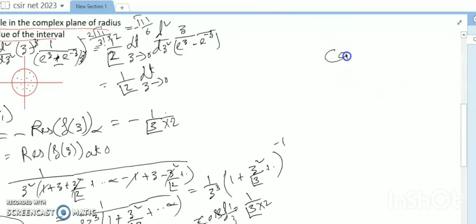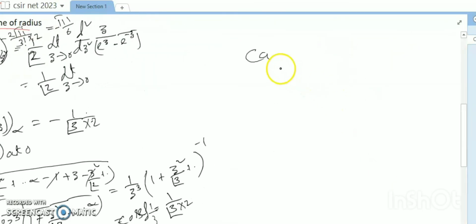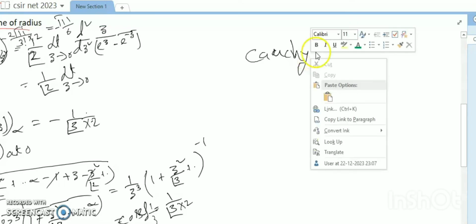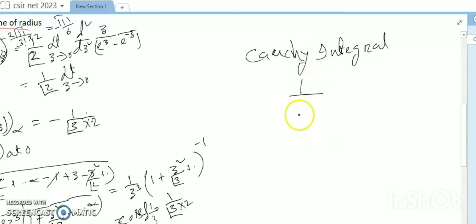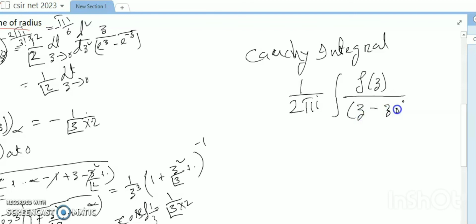Note it down: 1 by 2 pi i, integral of f(z) divided by (z minus z0), dz, equals f(z0).